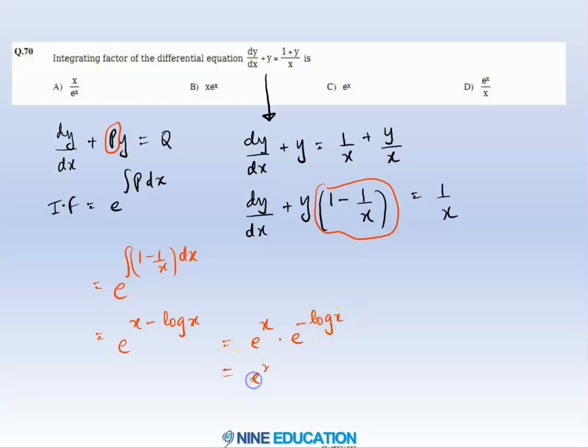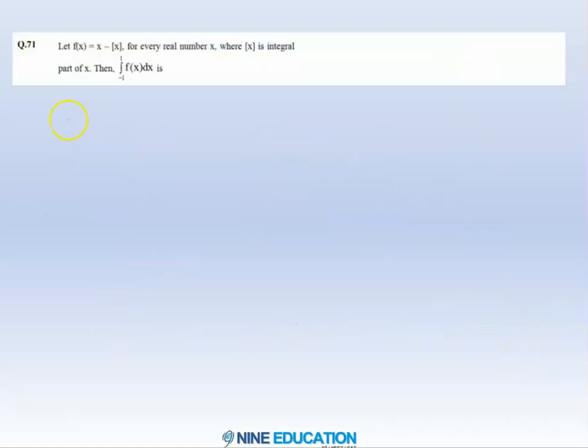Now e power x into e power log x to the power minus 1. Since this is log base e, this term will vanish. Only thing left will be e power x into x power minus 1, which is e power x by x, which is option number D.